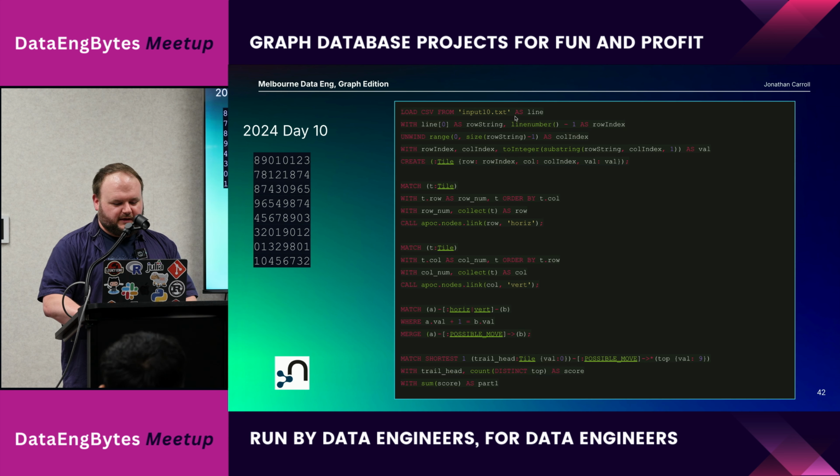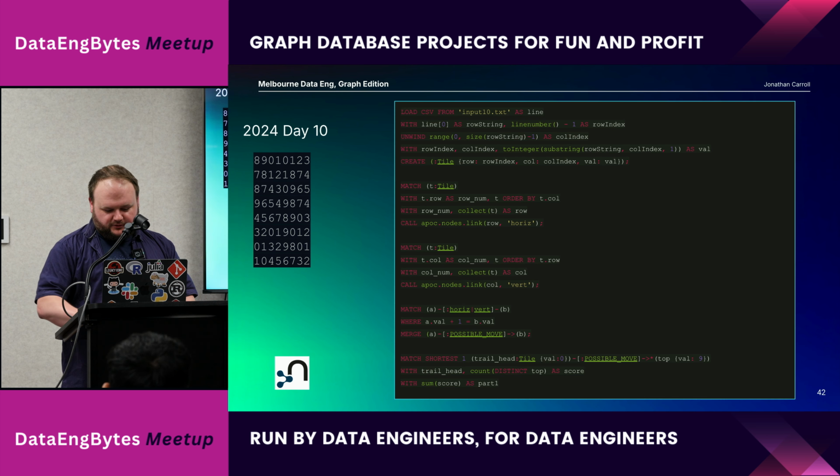So loading the CSV as rows, create tiles, find all of the values that are increasing by 1 in either the horizontal or the vertical, and then create possible move as the connection between those. So for each of these cells or tiles, find out whether you can move horizontally or vertically by 1 to increase.